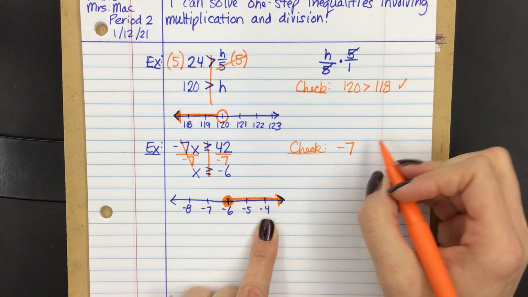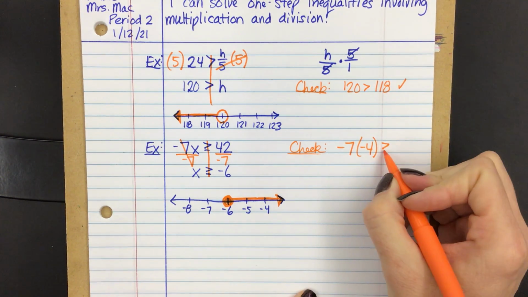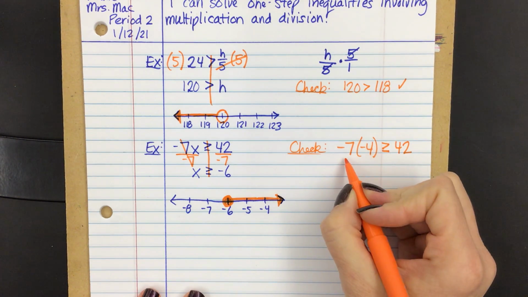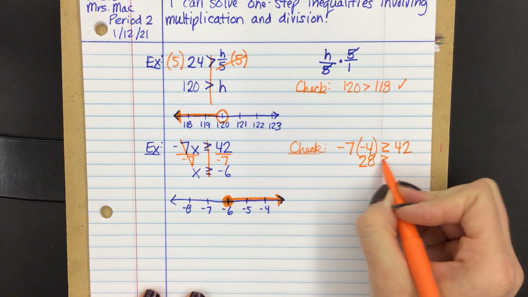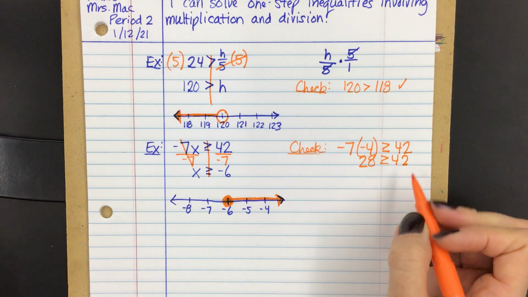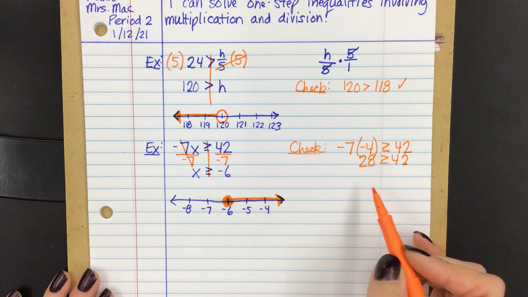Why don't we plug in -4 here because that's part of our solution set, is greater than or equal to 42. Well, -7 times -4 is a positive 28. And 28 is not greater than or equal to 42. So what we did did not work.